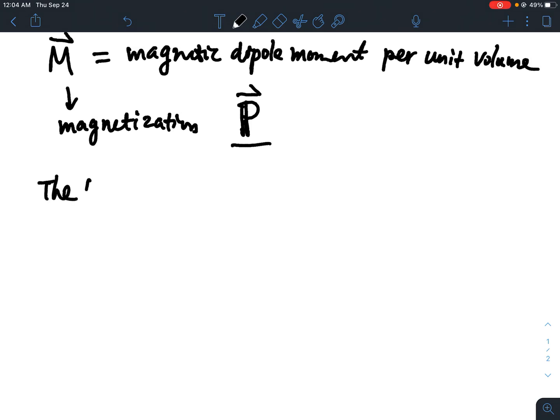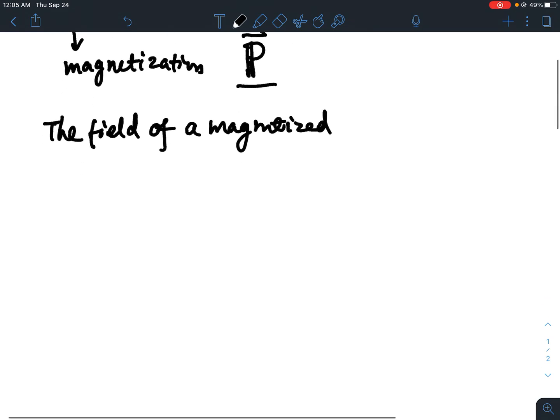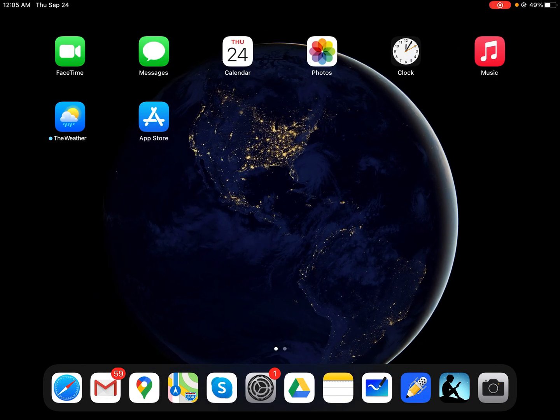Now, once we have an object that is magnetized, we want to figure out the magnetic field of a magnetized object.